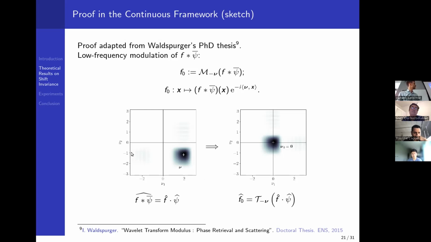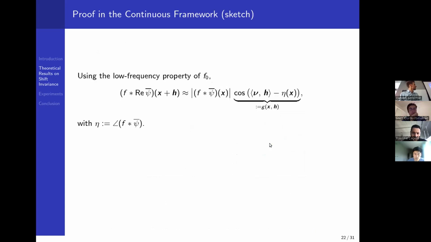So since f0 is a modulation of f convoluted with psi, its Fourier transform is actually a shift of this Fourier transform. So that's why f0 has a low frequency.